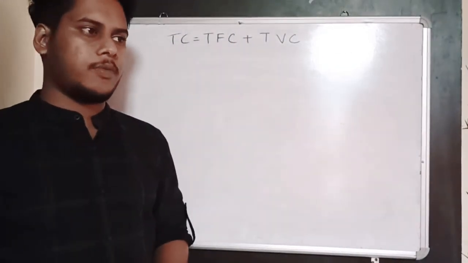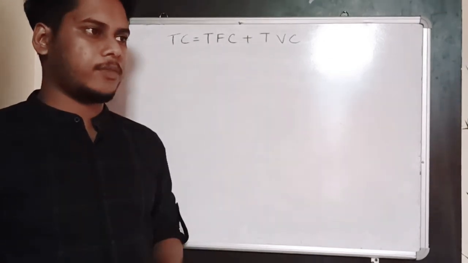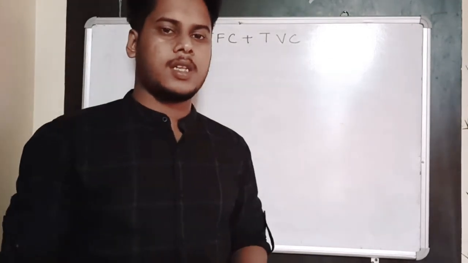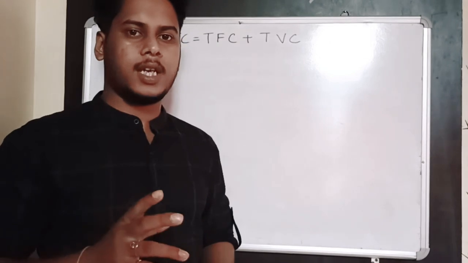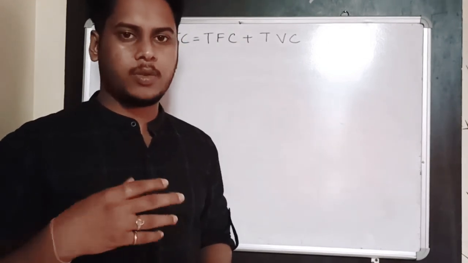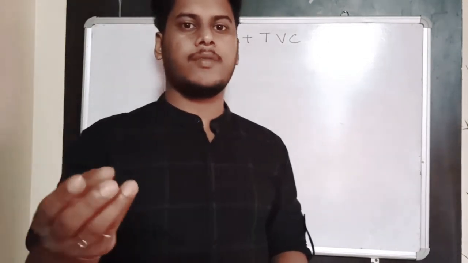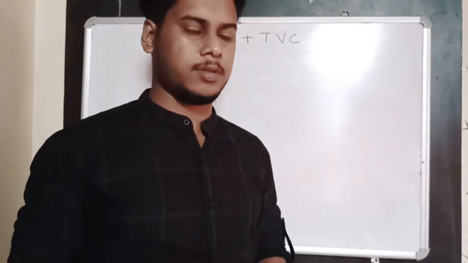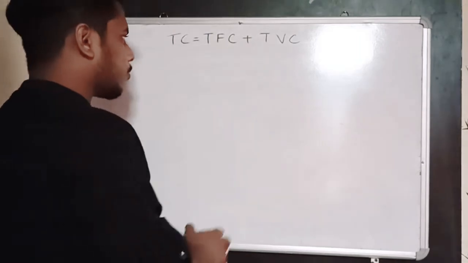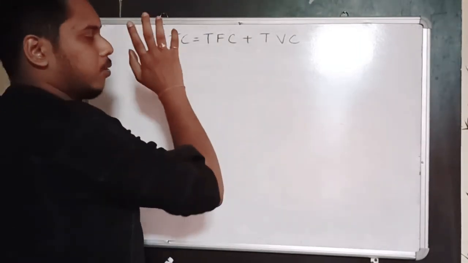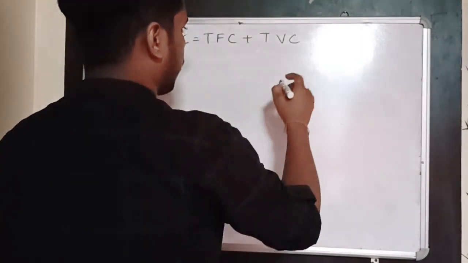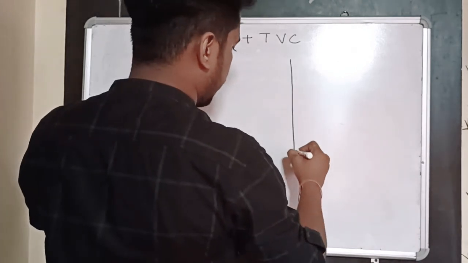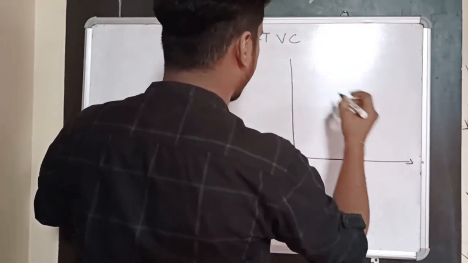Variable cost implies the change in cost that is coming into existence due to increase in the employment of variable factors or decrease in the employment of variable factors. So by adding these two, we get what is known as total cost. Now if I draw it in form of a diagram.